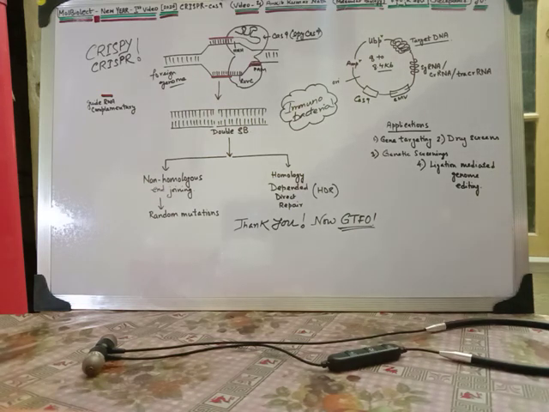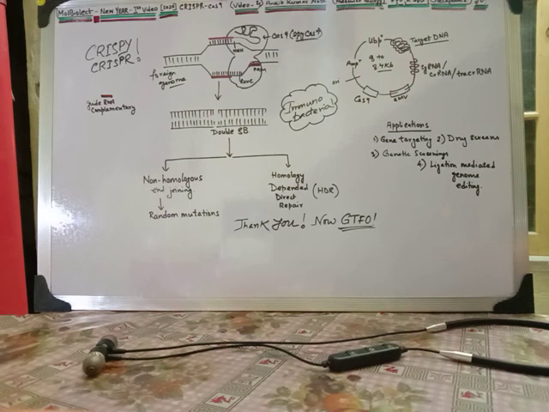Now this CRISPR Cas9 system, I have searched the internet and also some study materials about it. This process looks very complicated, but it is not. Let me mind you that it is not that complicated.